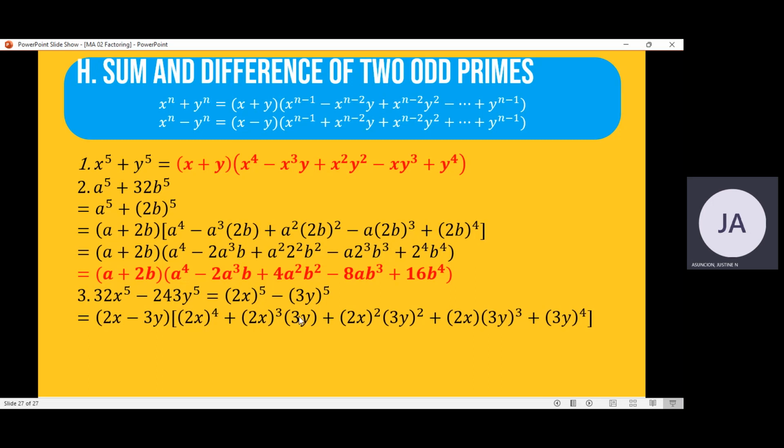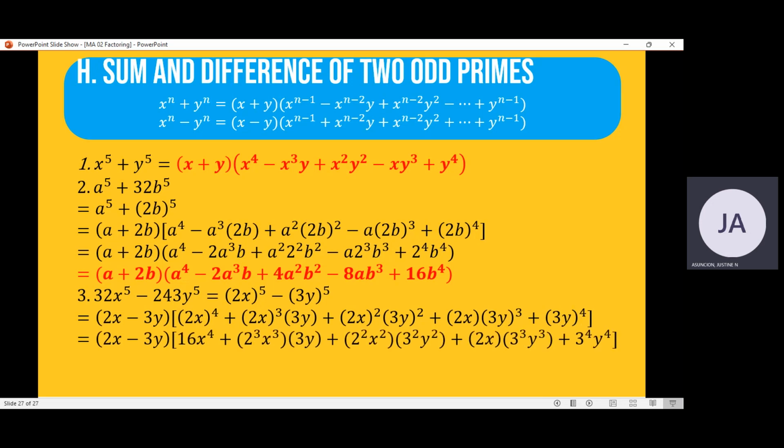Then again, for the second factor, the first term is decreasing and the second term is increasing. So for the first term, 2x raised to 4, 2x raised to 3, 2x raised to 2, 2x, then 0, which is just 1. And then you start with the degree of 0, which is 1, and then you have 3y, 3y squared, 3y cubed, 3y raised to 4.